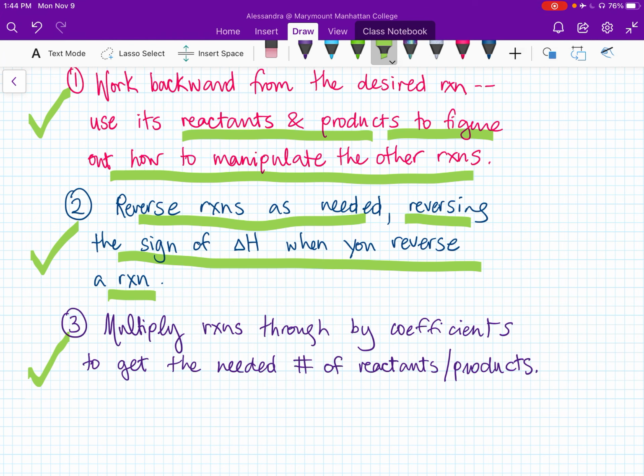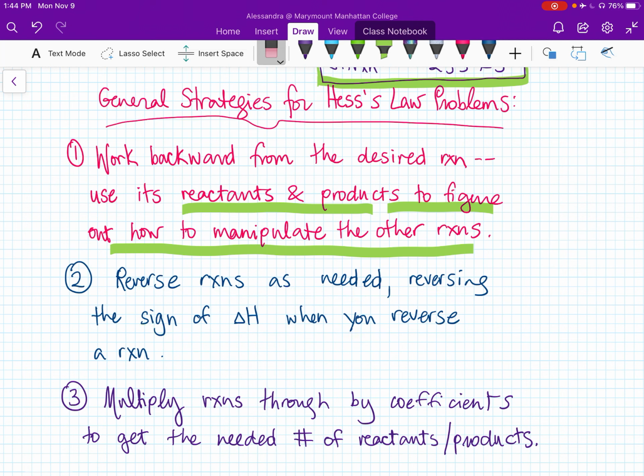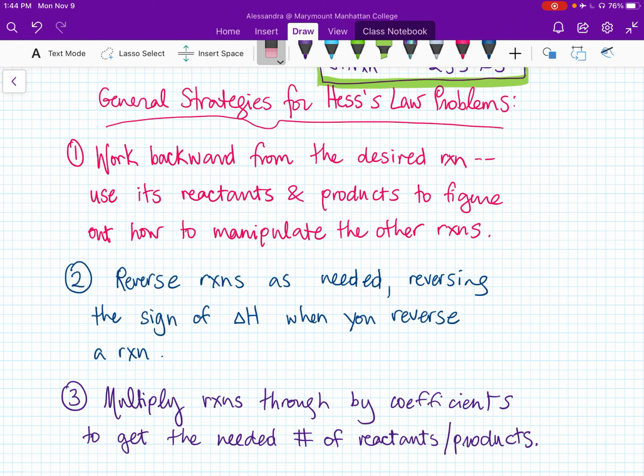This will help you to get the desired number of reactants and products so that you can cancel out the species that you don't want. So if you follow all of these steps and do a dozen or so Hess's law problems, you should get really good at this. And the beauty of a Hess's law problem is you can kind of tell when you've got it right.